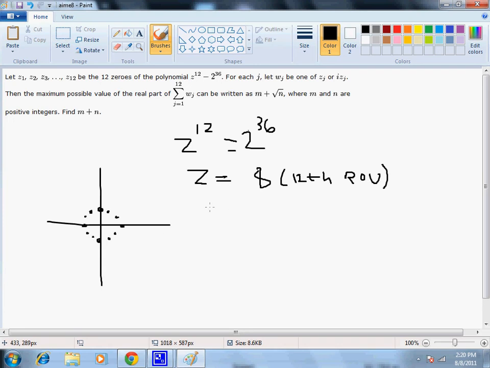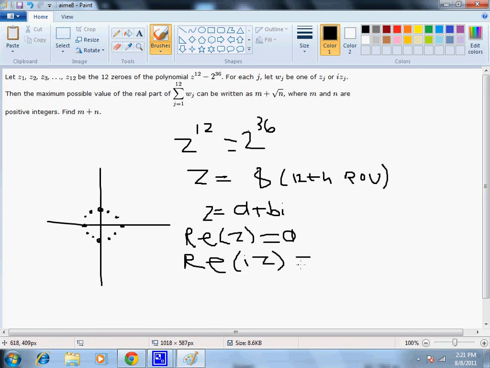So if we say z equals a plus bi, then the real part of z is of course a, and the real part of iz equals negative b.